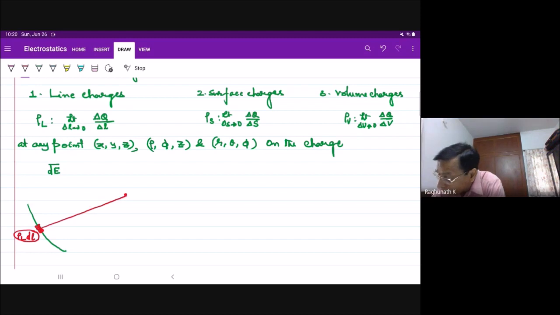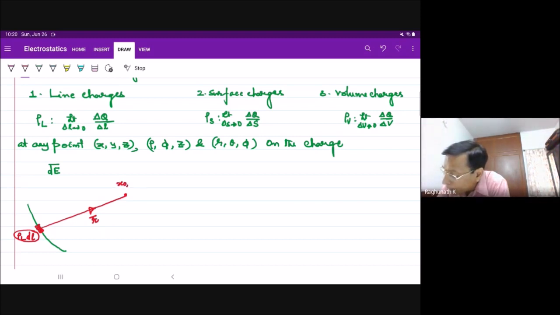Define the general vector r bar from any point to the fixed point. Please concentrate now.